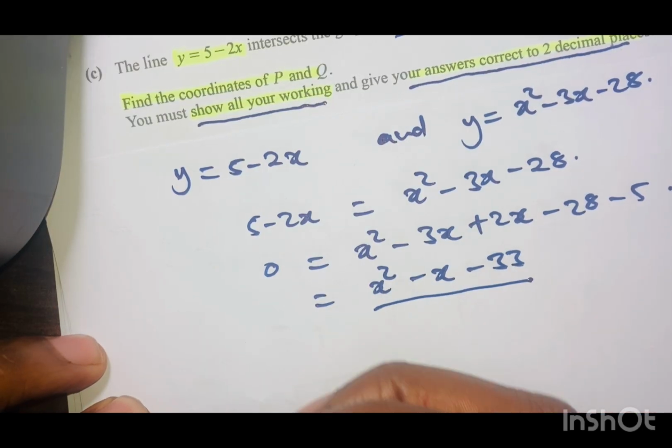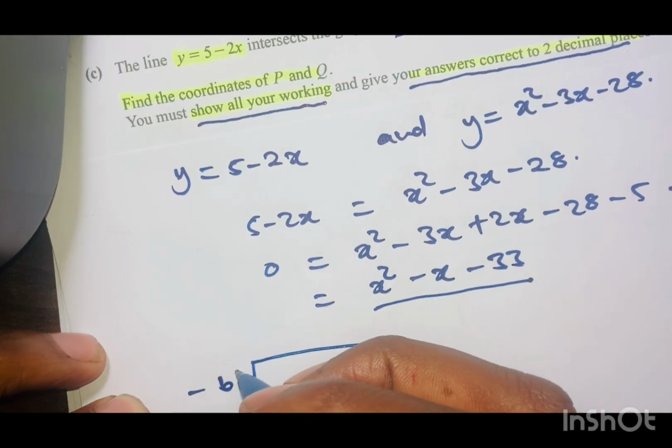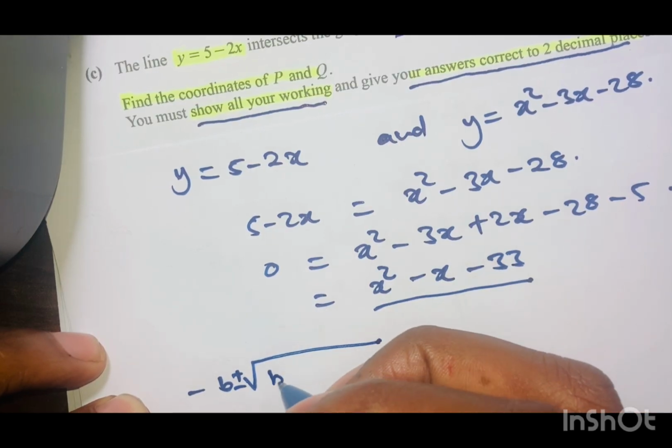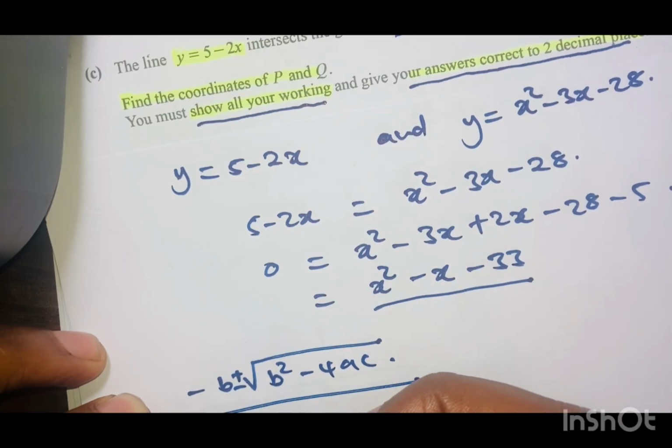So the quadratic formula says x equals minus b plus or minus the square root of b squared minus 4ac, over 2a.